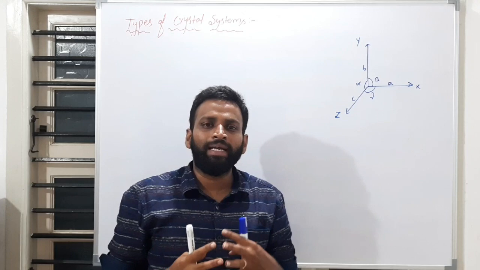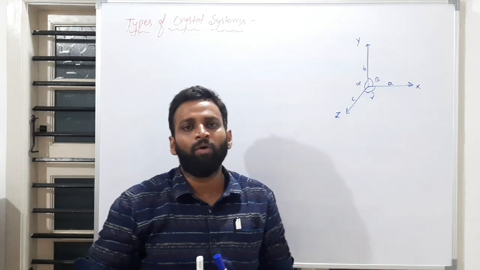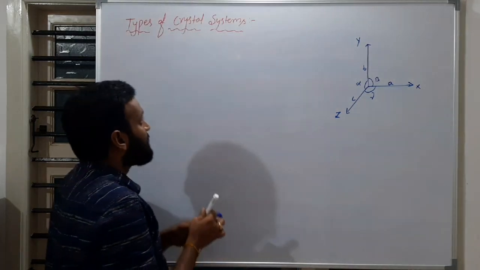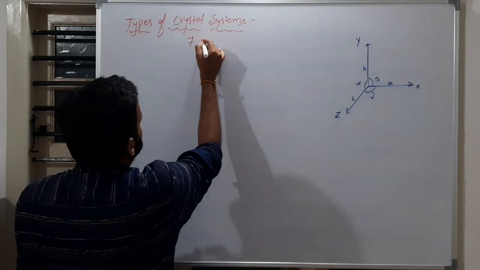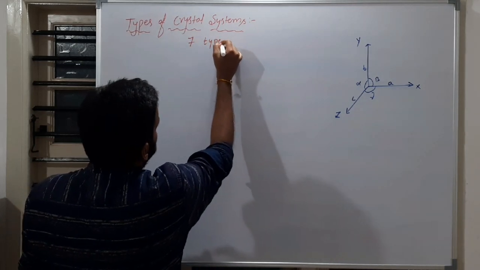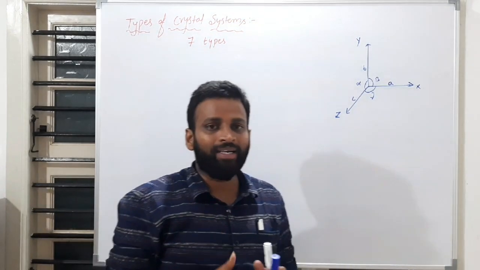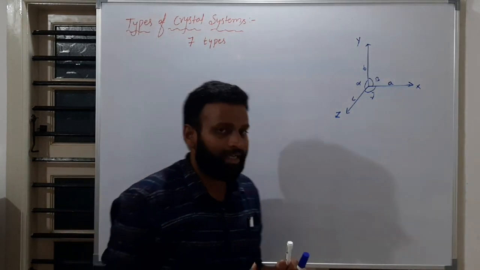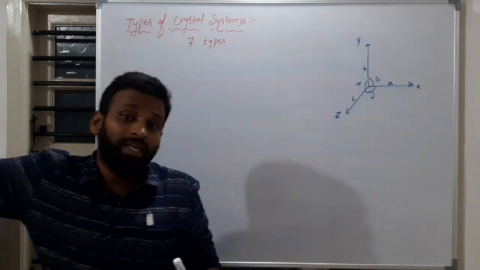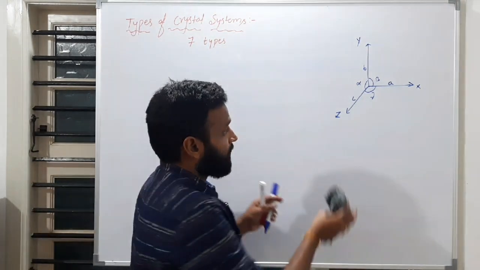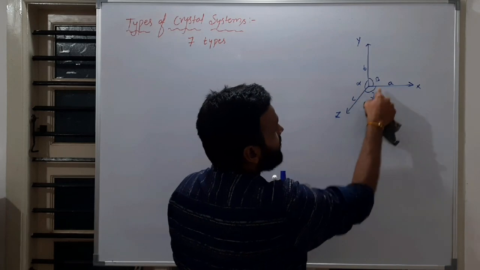So based on edge lengths as well as bond angles, there are 7 types of crystal systems. How many types of crystal systems? 7 types of crystal systems are there based on edge lengths as well as these bond angles. What are alpha, beta, gamma?